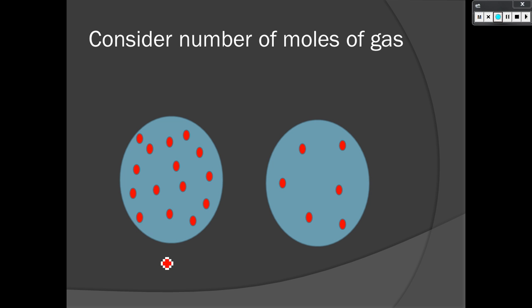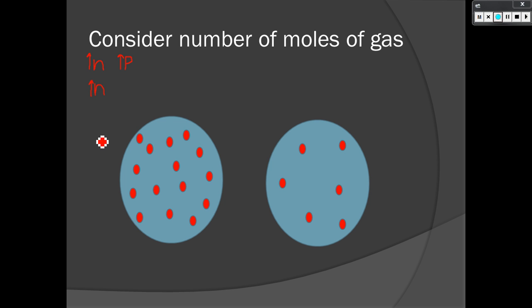So we can say that the number of moles, we're going to call that N, and the pressure, assuming temperature and volume are the same: as the number of moles increases, the pressure also increases.